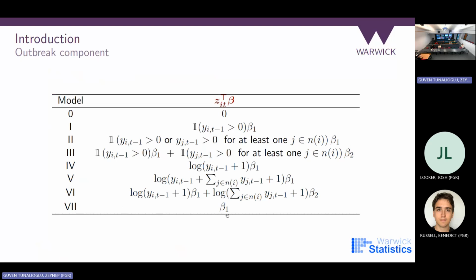And model 7 is just saying that irrespective of what the previous case is, either it's 0 or not, you always have an increase in risks if the Markov chain is at state 1. What is quite important to note is that, unlike some of the other models, this does not really control when there's an increase, because this can usually be 0 from some of the specifications.